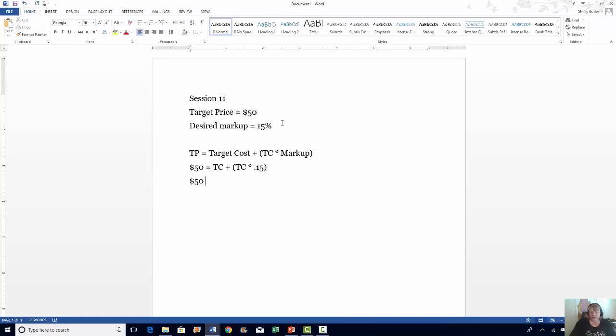So our target price is equal to, and this is just basic algebra, 1.15 target cost. So now, doing some more basic algebra, total cost is equal to 50 divided by 1.15.